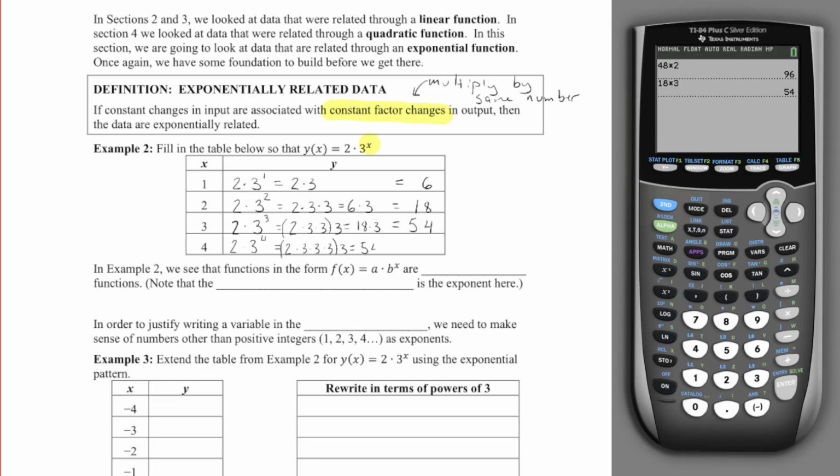So we'll have 54 times 3, which is 162. And what we see in this table is that each time we go down a row, x increases by 1, and y is multiplied by 3.